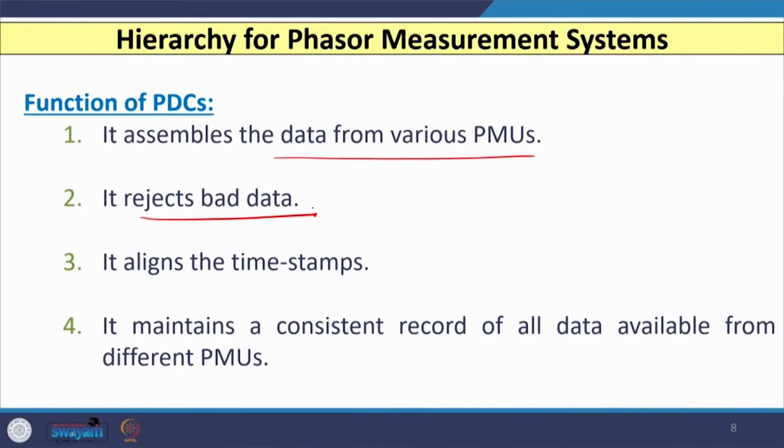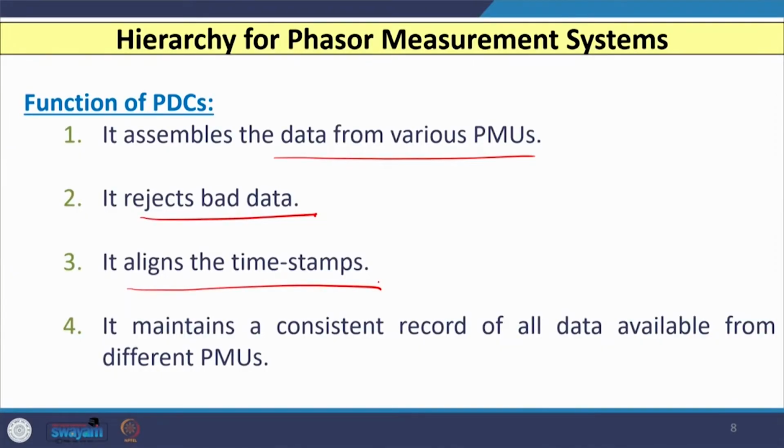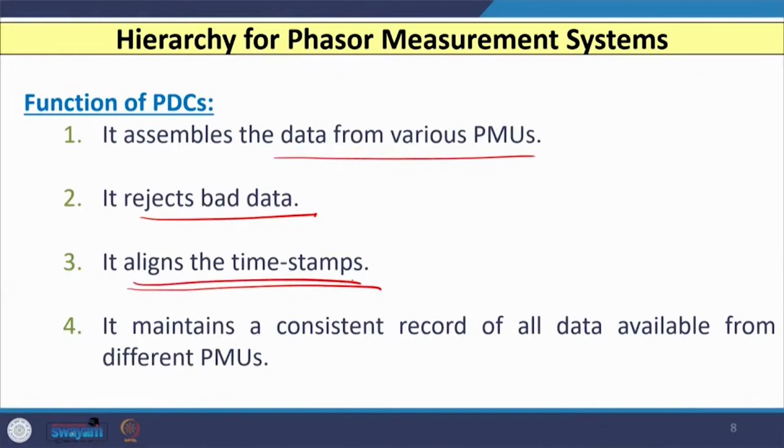It rejects the bad data if there is any from the PMU. It also aligns the timestamps, because normally PMUs located at different substations send the data in terms of packets. So, alignment in terms of timestamps is also required. Moreover, PDC maintains a consistent record of all the data available from different PMUs, that is, from PMU number 1 the data are available at this instant from this address, and so on.